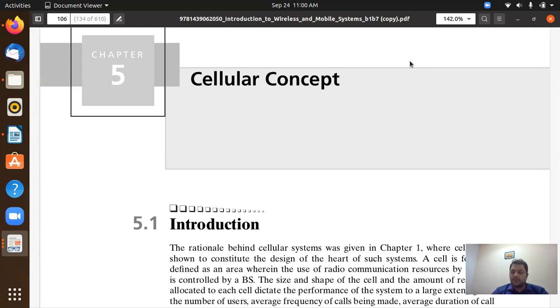Whenever a mobile station wants to contact another mobile station, whether within the cell area or outside the cell area, it has to first communicate with the base station. The base station not only has hardware associated with it, but also software which controls and facilitates the communication.